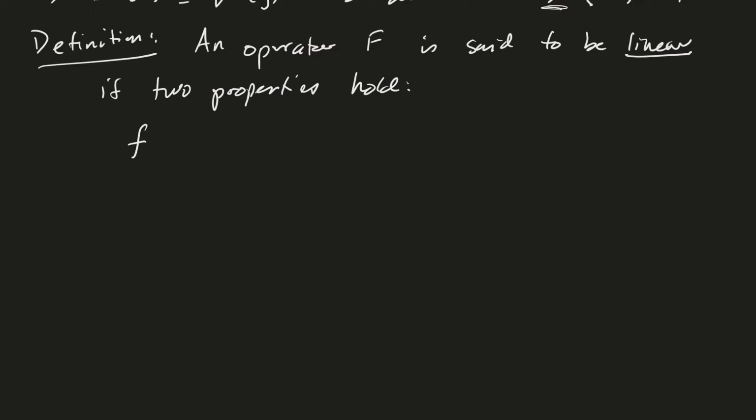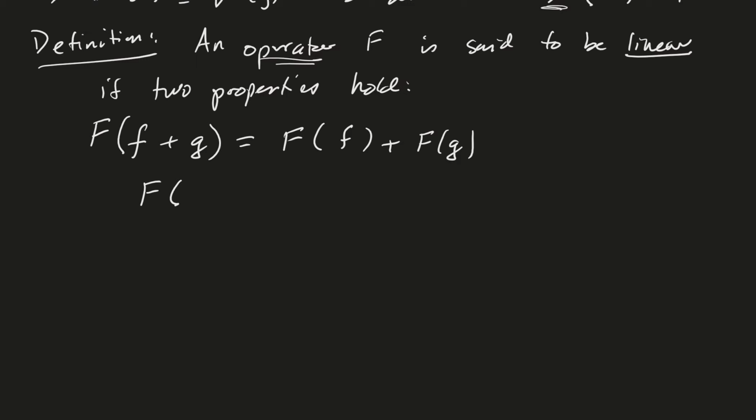And that is, let me say F of, I'm going to use function notation because remember that the input to an operator is a function. So if I take an operator on a sum, that is the sum of the operators. And if I take the operator of a constant times a function, that's a constant times, I'm getting ahead of myself, the operator applied to f.